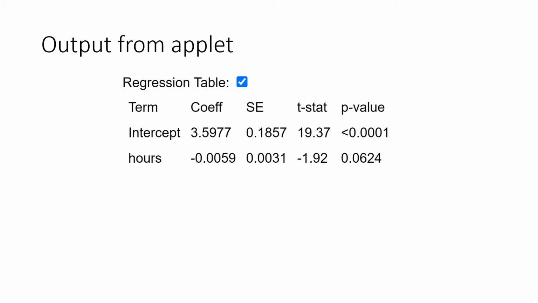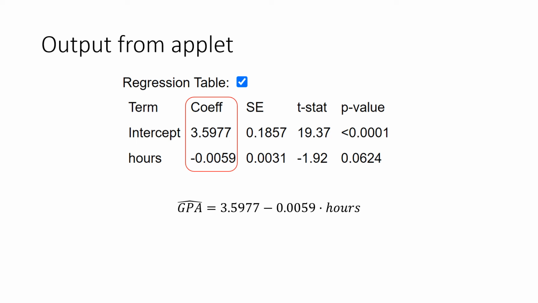The column marked coefficients tells us the y-intercept and the slope, or coefficient, of our explanatory variable. So in this data set for GPA and hours spent on non-academic activities, our regression line is predicted GPA equals 3.5977 minus 0.0059 times the number of hours.